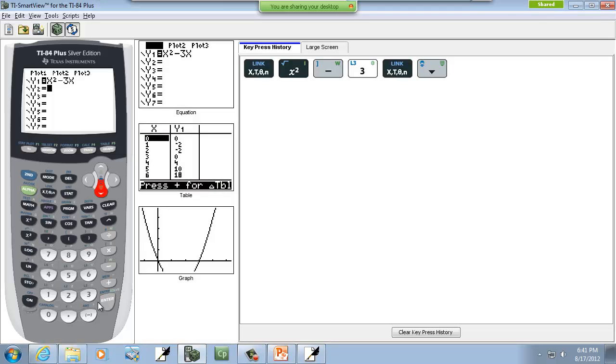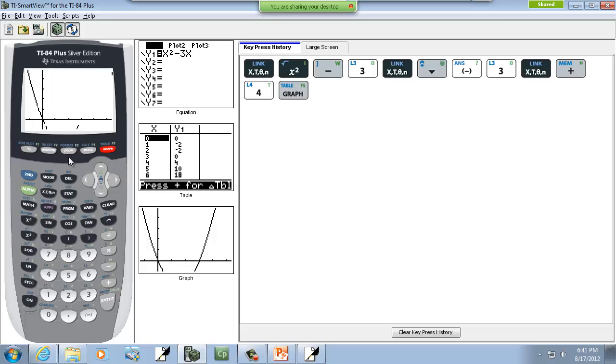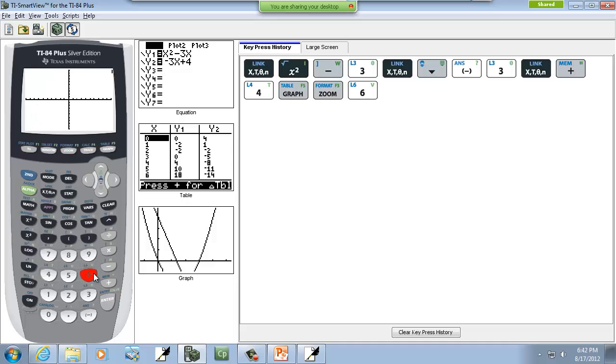And then negative 3x plus 4. Then graph. Oops. Let me choose zoom, and choose Z standard. It's number 6. Looks like that.